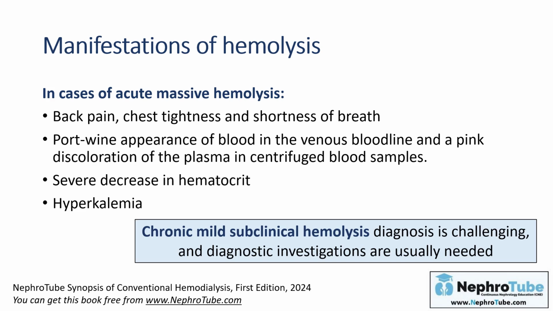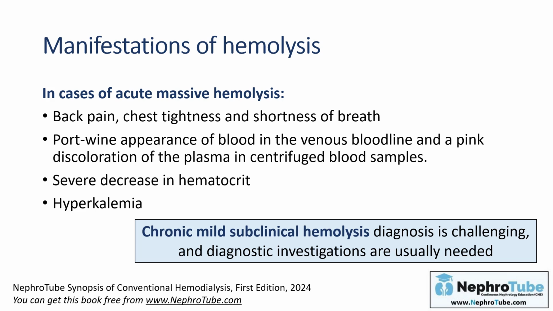But if the hemolysis is chronic, mild, subclinical, due to a non-fatal cause, such as a kink in the arterial bloodline or a faulty roller pump that is not that severe, the diagnosis of subclinical hemolysis will actually be challenging, and it will not be diagnosed except by investigations. For example, you will find the patient has recurrent muscle weakness after the hemodialysis session.